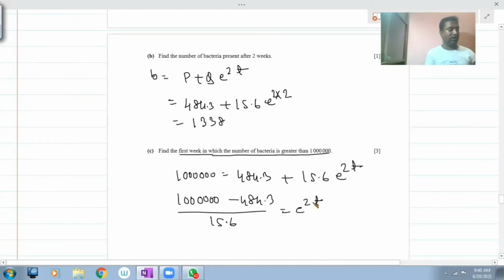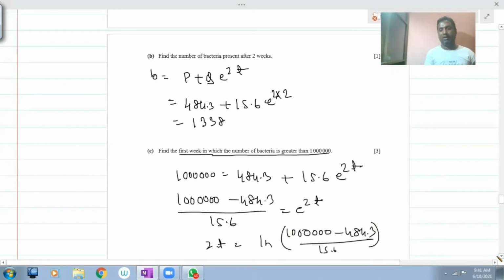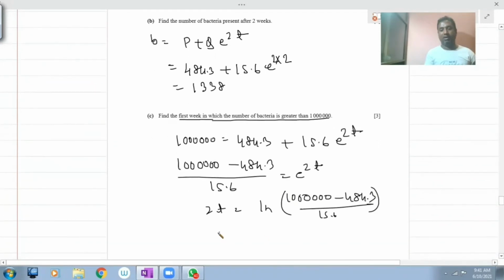If we take ln, 2t equals ln of that. After using the calculator and dividing by 2, we have t equals 5.53. That means the 6th week.